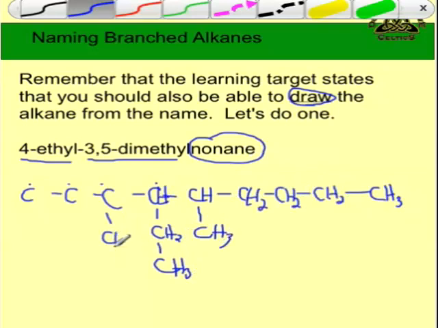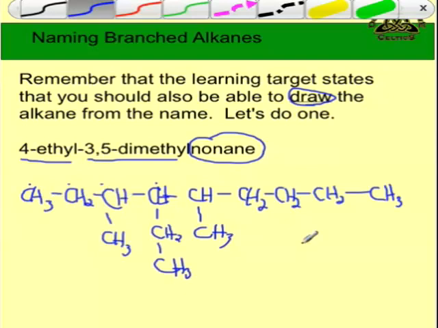All the ending ones need 3. Let me see, this carbon has 2 bonds already, so we're going to need 2 hydrogens here. This carbon has 3, so we want only 1 more hydrogen there.